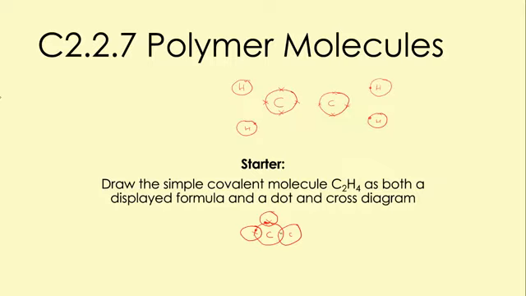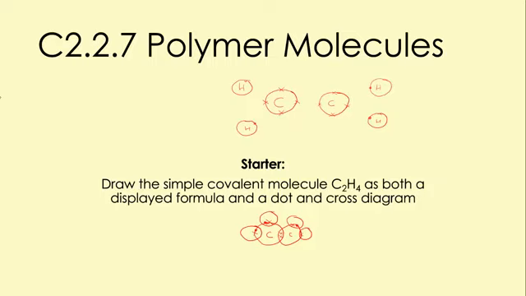So that is 1 from the left-hand one from there, and then we've got 2 there, because I'm going to overlap another one of these. Right, so if we look at that, the hydrogen's now happy because it's got 2 electrons in the outer shell, but each carbon has 1, 2, 3, 4, 5, 6.